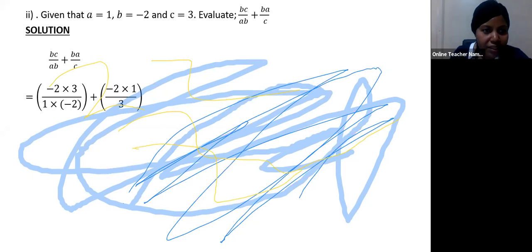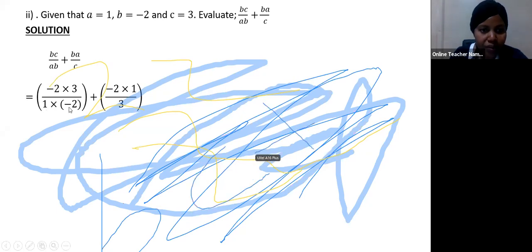So BC is the same as -2 times 3 on top there, the numerator. Where there's that B, replace with -2. Where there's that C, replace with 3. Over where there's that A, put a 1. Where there's that B, put a -2.